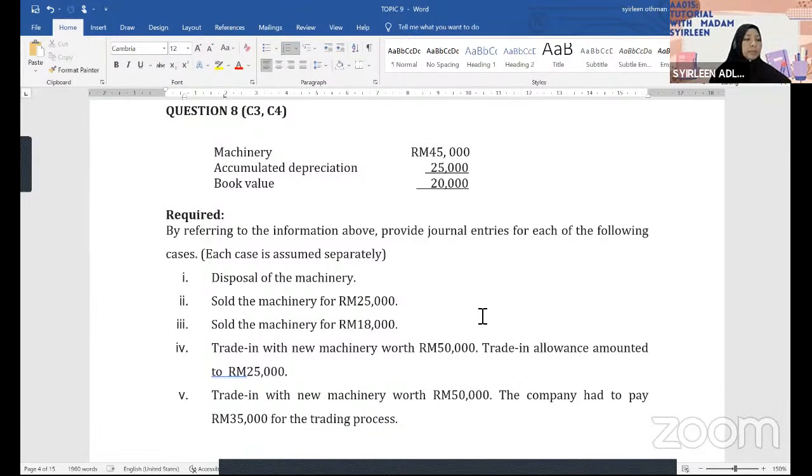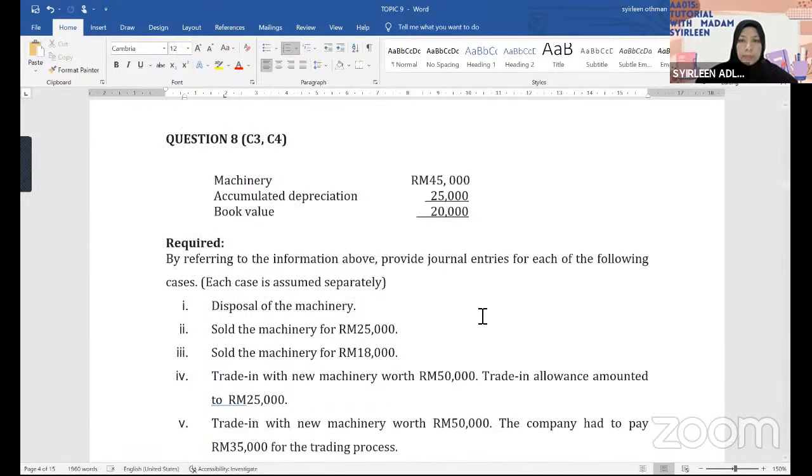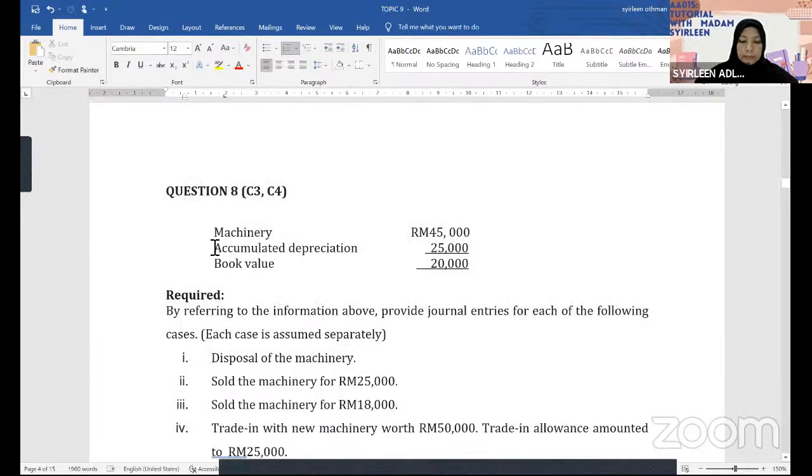Machinery is actually machine, right? And the accumulated depreciation given is 25,000. So we have a book value of 20,000 ringgit. Kalau kamu tengok soalan dekat sini, they don't give you any date. So bila dia tak bagi anda sebarang date, cara jawab tu tak sama dengan soalan yang dia tarik lah. Especially when using different basis of calculations, alright?